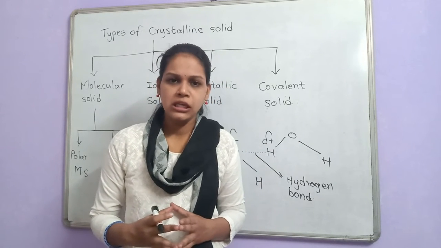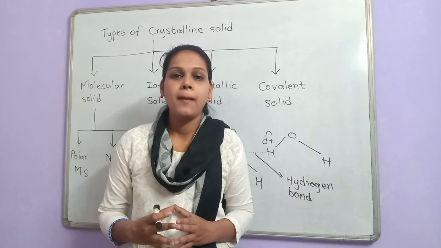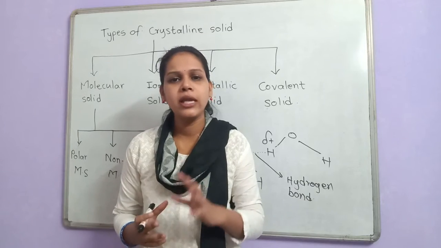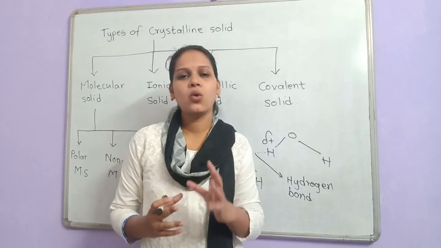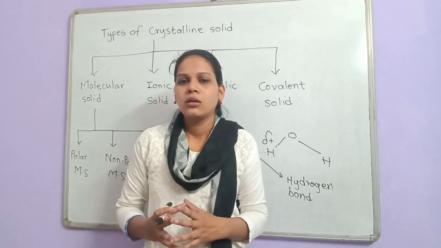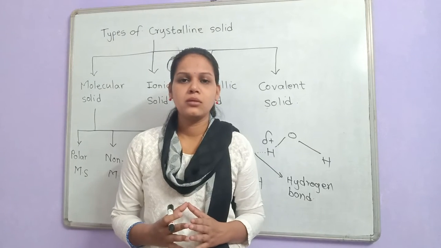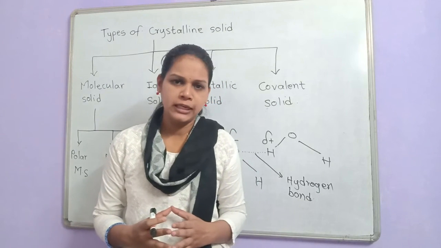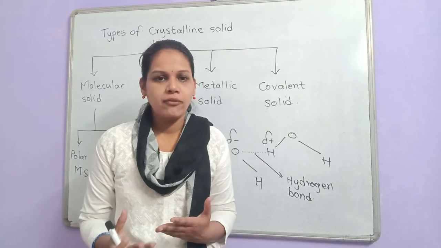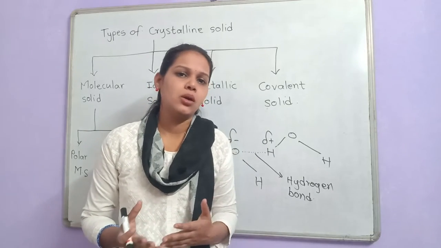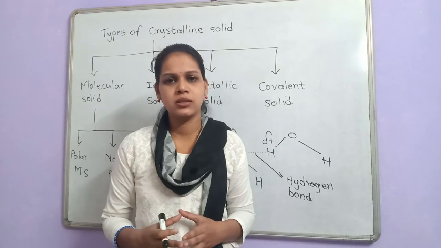Therefore, in diamond you can observe a three-dimensional network structure, because in diamond the bonding between neighboring carbon atoms is covalent bonding. Covalent solids are generally bad conductors of electricity, but graphite is an example of a covalent solid which is a good conductor of electricity.